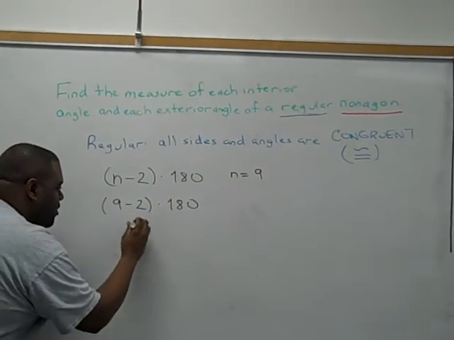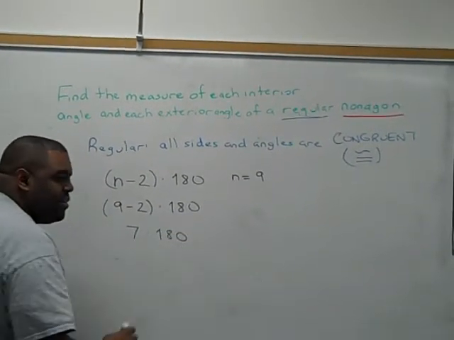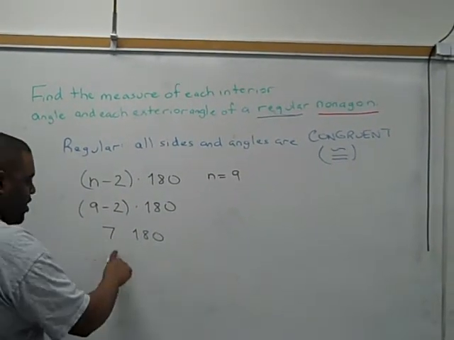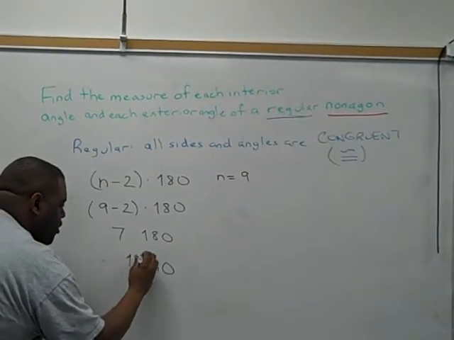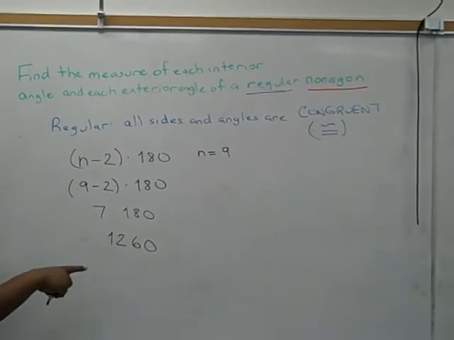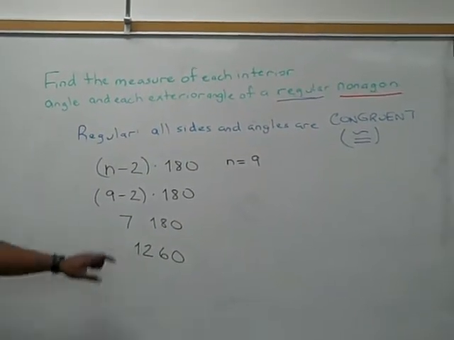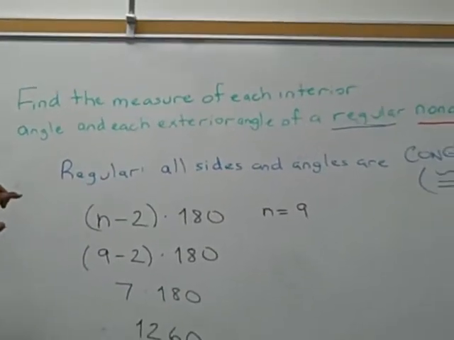Simplified, 9 minus 2 is 7, times 180. Then you multiply those two numbers together, and you will get 1260. So we know that the sum of the interior angles of a regular nonagon is 1260 degrees. But if you go back to the question, it says find the measure of each interior angle.